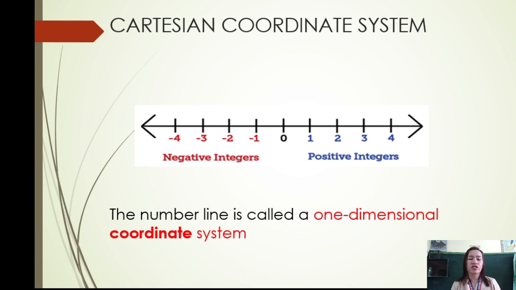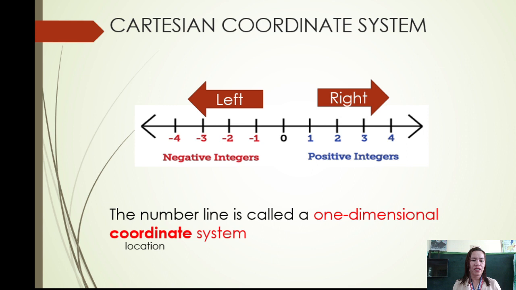That's why it is called a one-dimensional coordinate system. Now, why do we have only one location in a number line? It's because we can only move to the left for the negative integers and to the right for the positive integers.